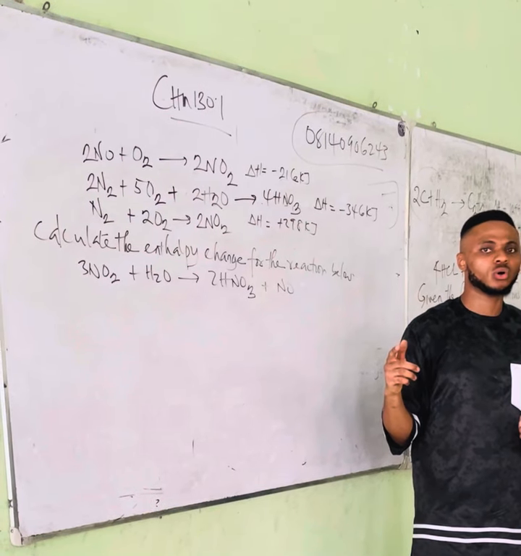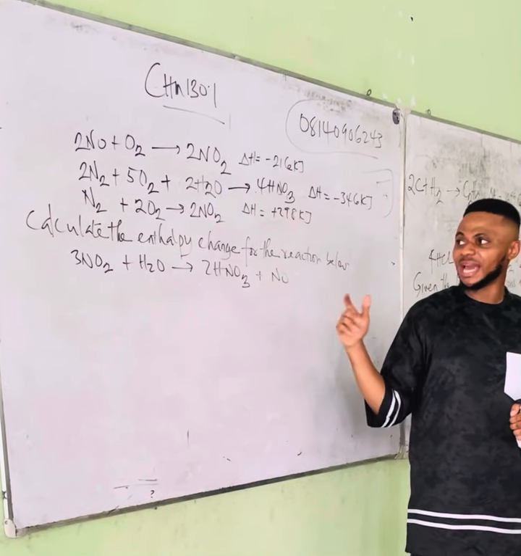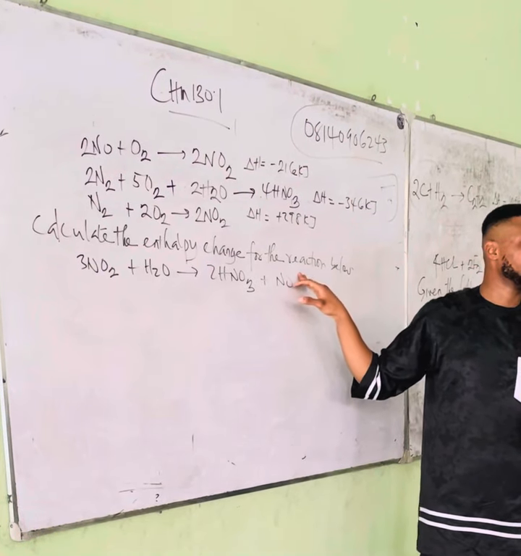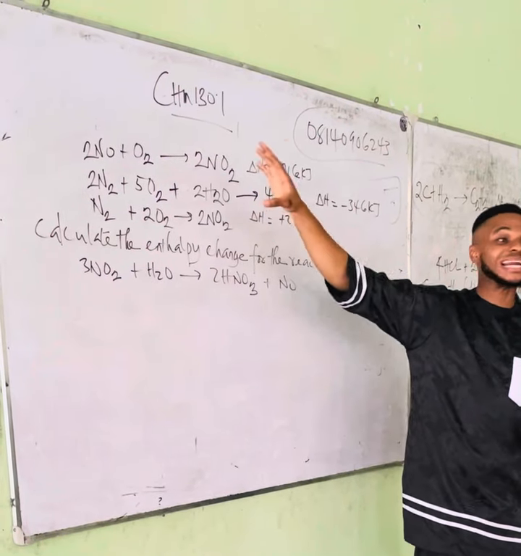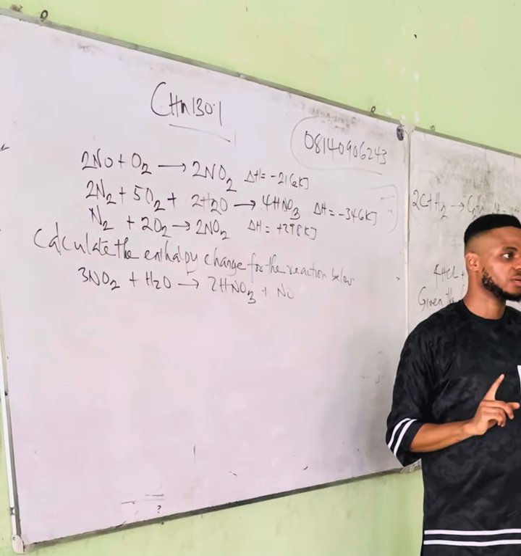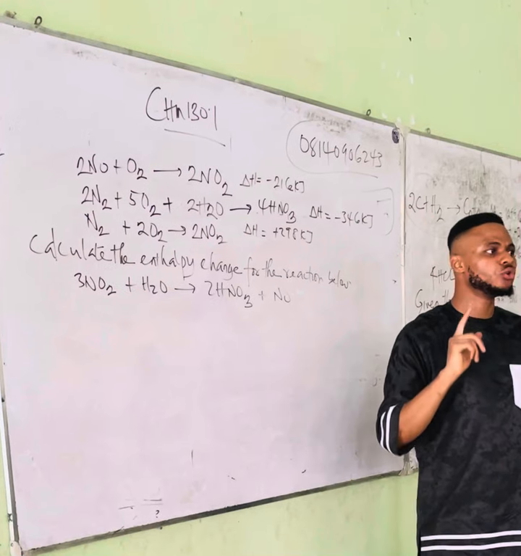Now, what I'm saying is this. If we get the enthalpy of the general reaction, it is as a result of having rearranged the individual reactions. We must rearrange them. And how do you rearrange?